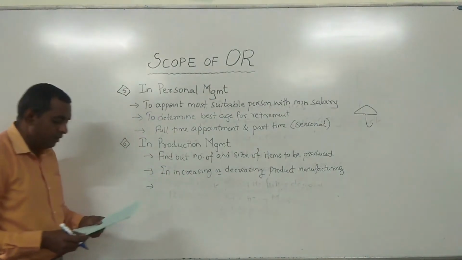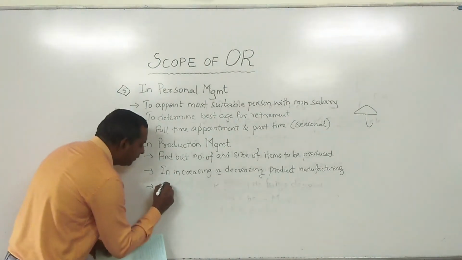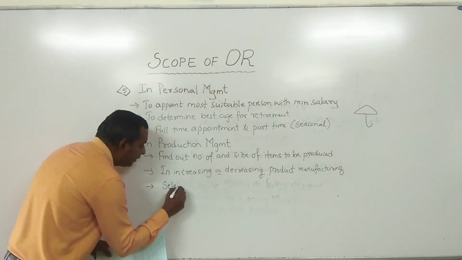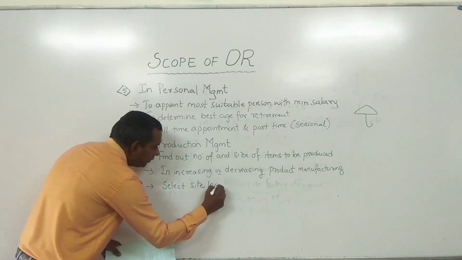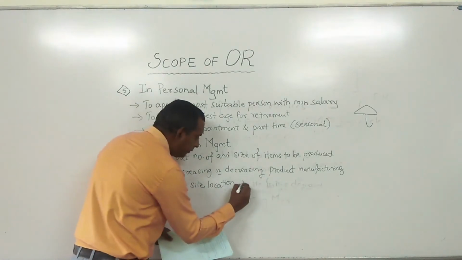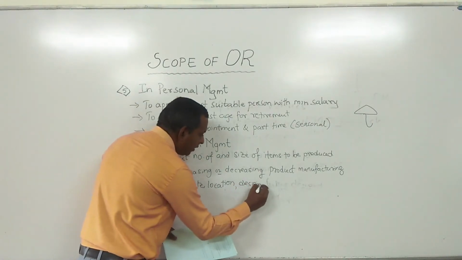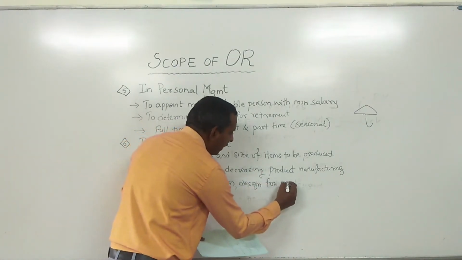The last point is to select, locate, and design sites for production plants: site, location, design for the production plant.